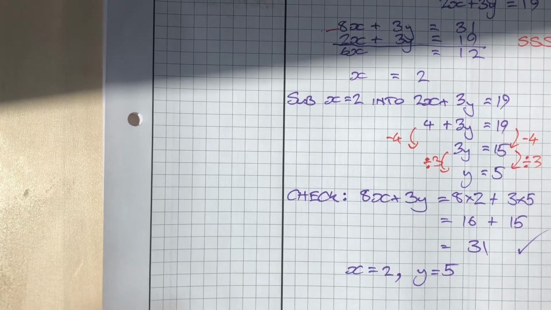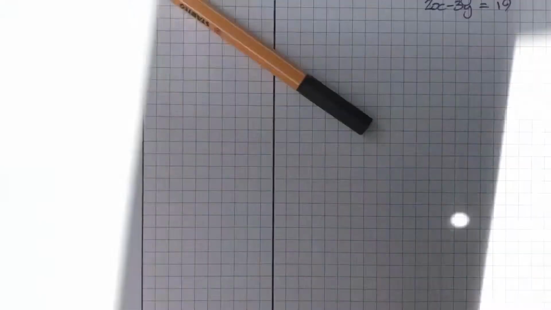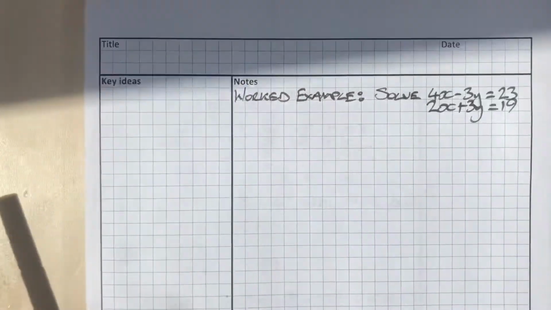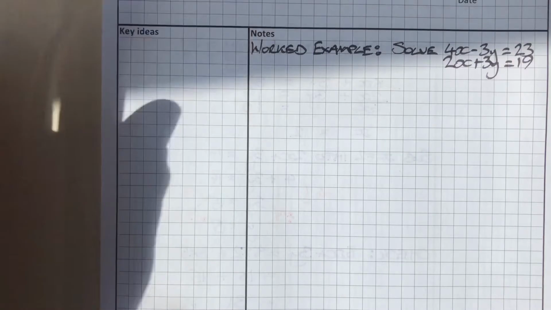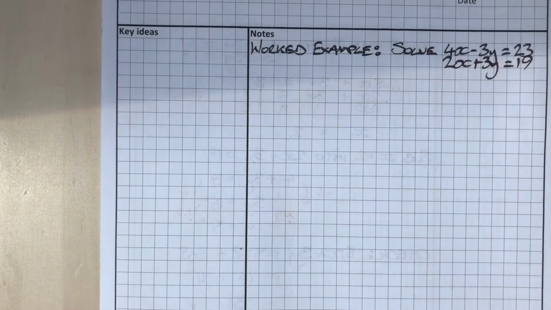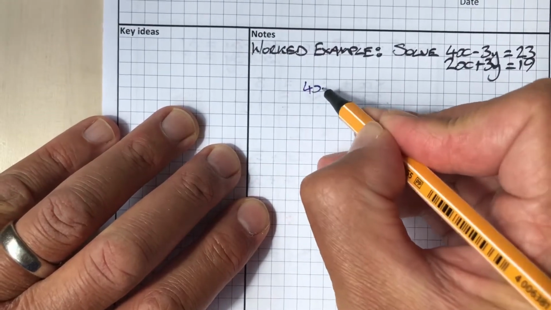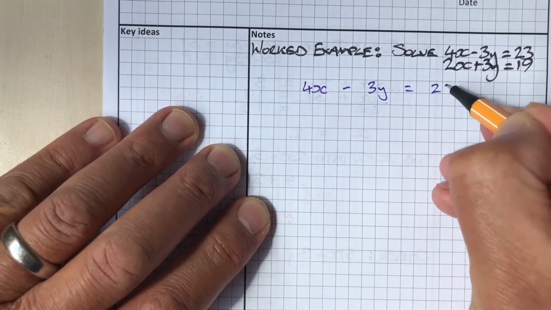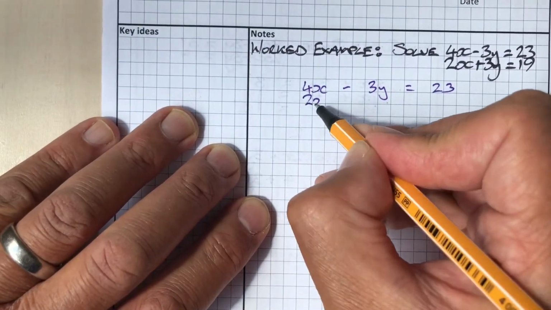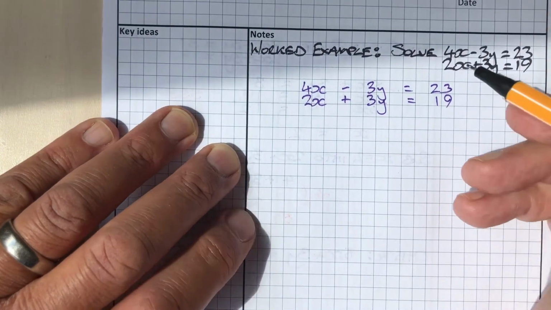What though if the signs are not the same? What if I have this? Okay, well, let's write it down. 4x take away 3y is 23, and 2x add 3y is 19.